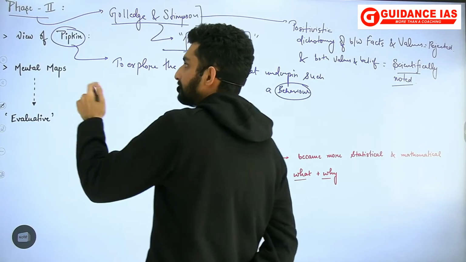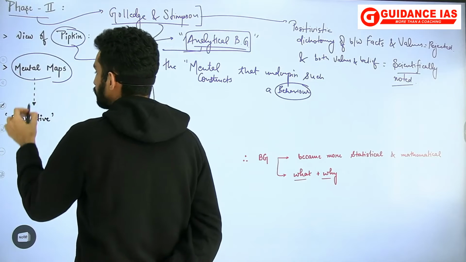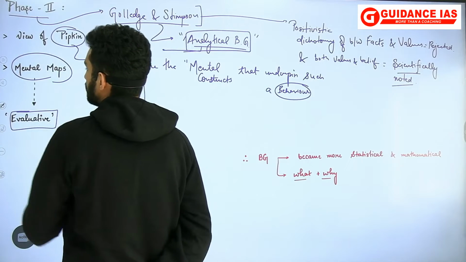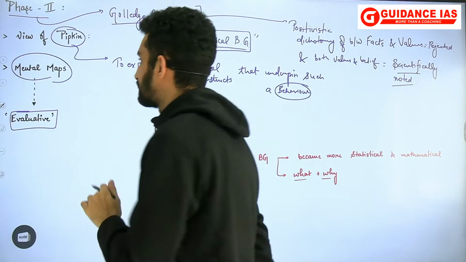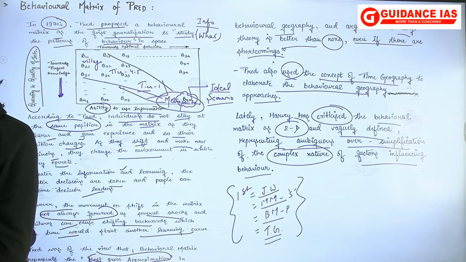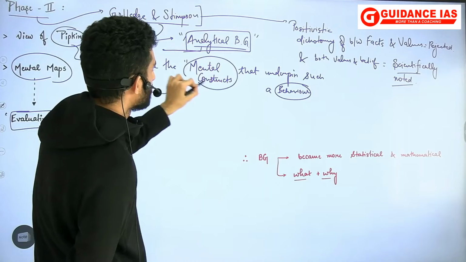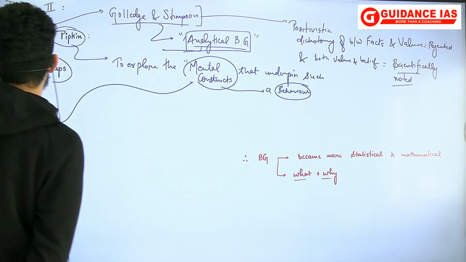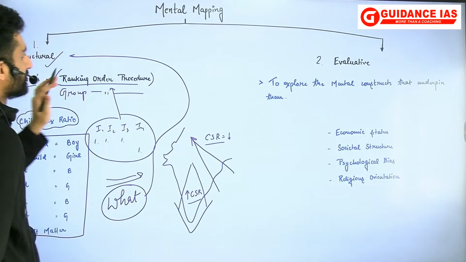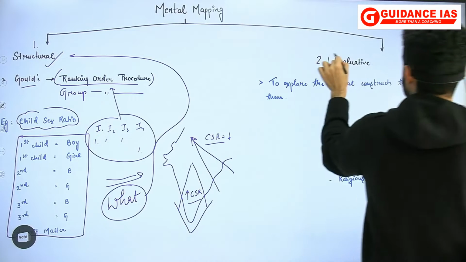So mental maps in phase 2 actually evolved to become more evaluative. Now, what are evaluative mental maps? Again, we will be exploring the mental constructs that underpin the behavior. So this was the mental mapping in the second phase, that is evaluative.